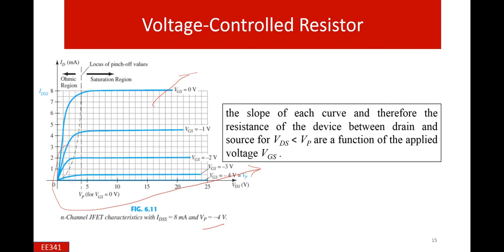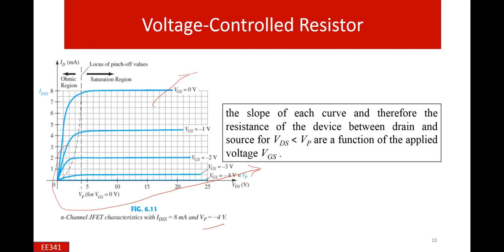This region lies between zero and the pinch-off voltage. Through fabrication, if we change the voltage VP, then this region can be modified, which is on a construction or fabrication basis.